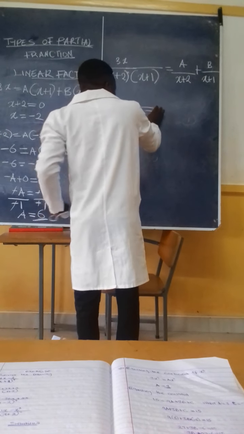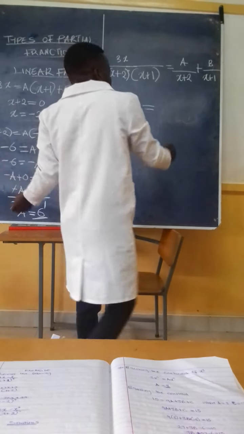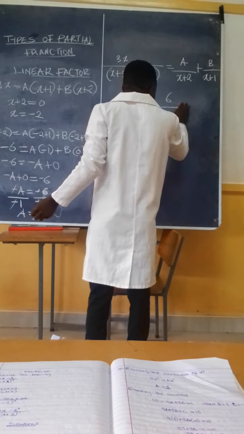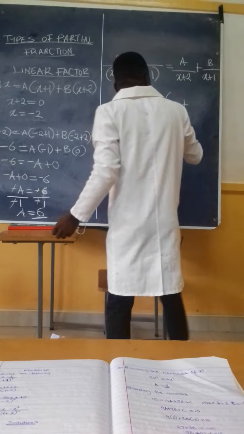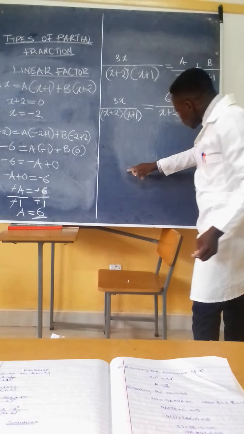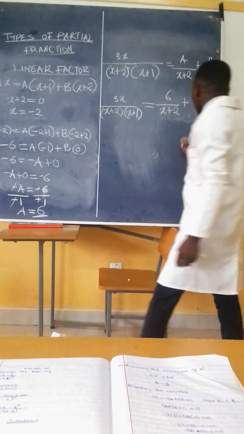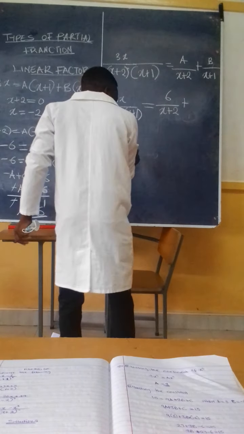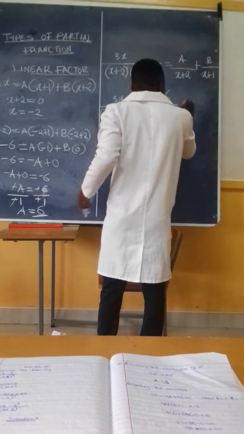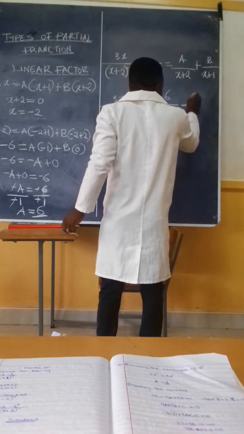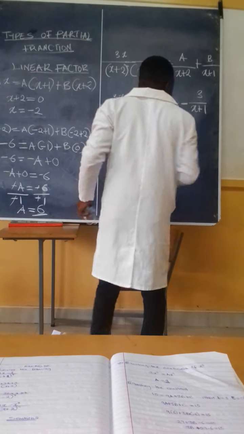You replace now: the value of a is 6, so 6 over x plus 2 plus, since the value of b is negative 3, negative 3 over x plus 1.